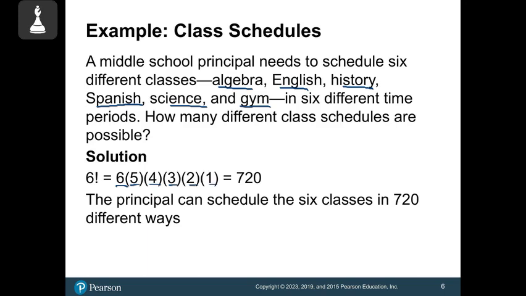That is what this exclamation symbol means. So in math, the exclamation stands for factorial. And what you do is you take the number that you start with and multiply by every single number going down by 1 until you hit 1. So for this, the principal could schedule the 6 classes in 720 different ways.